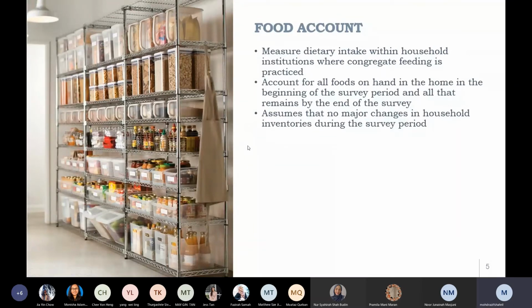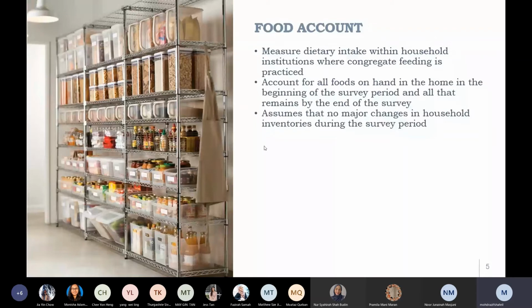people within the institution. So it accounts for all foods on hand in the home at the beginning of the survey period and all that remains by the end of the survey. Normally an institution might do bulk buying at the beginning of the month, maybe. So all their racks will be full with food stocks.